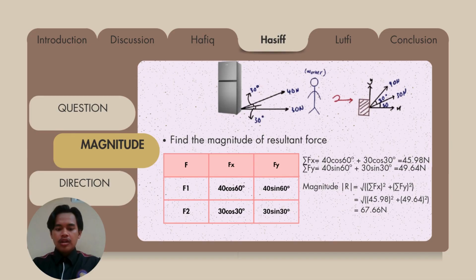Okay, so to find the magnitude of the resultant force, we need to find the summation of Fx and the summation of Fy first. The formula to find Fx is F cos theta and Fy is F sin theta. So we can calculate F1 and F2, which I refer to as force 1 and force 2.